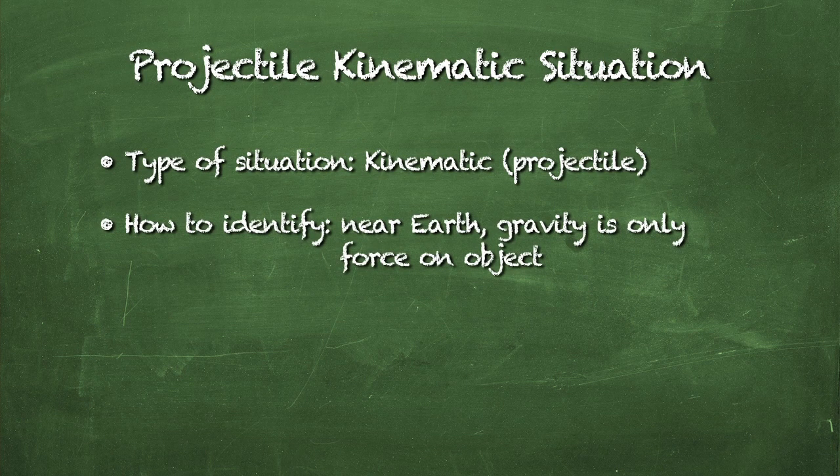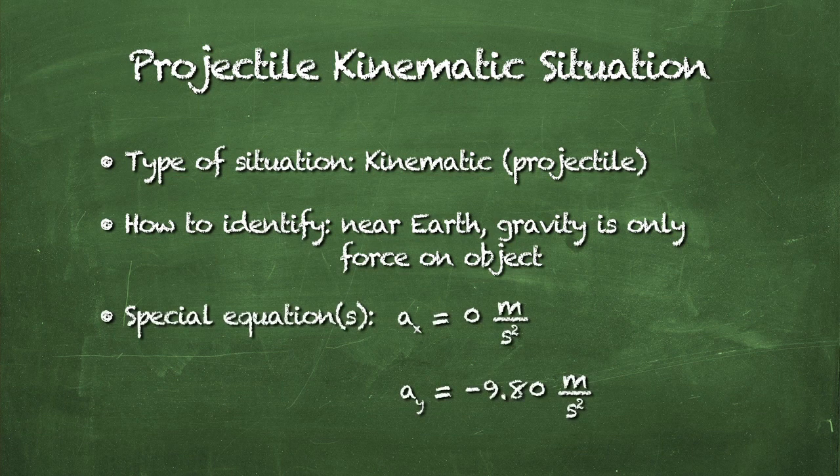So we also call this a free fall situation. So when you're in such a situation, you can also add the information that the acceleration in the x direction is 0 meters per second squared, and the acceleration in the y direction is negative 9.80 meters per second squared.